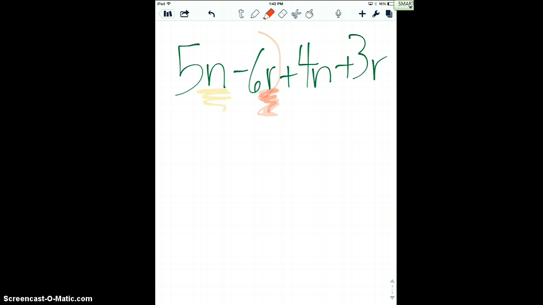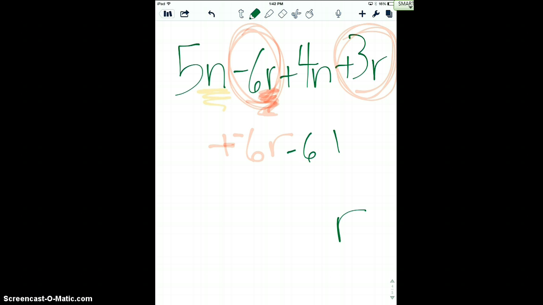Well, I have negative 6 of them here. Remember, a minus 6r is the same thing as plus negative. So I'm just thinking of that as a negative 6r. And how many other r's? Well, I have 3 r's right here. So in total, how many r's do I have? Well, negative 6 plus 3 would be negative 3.